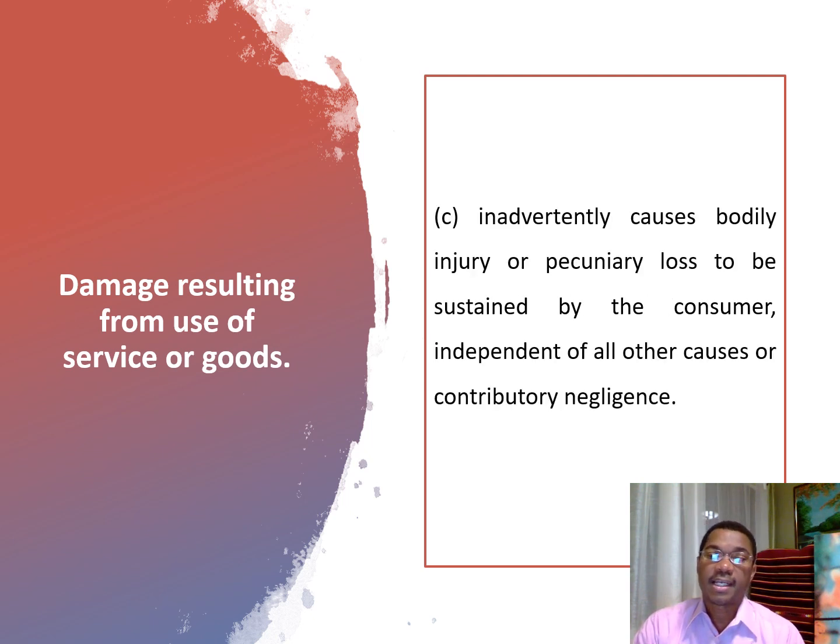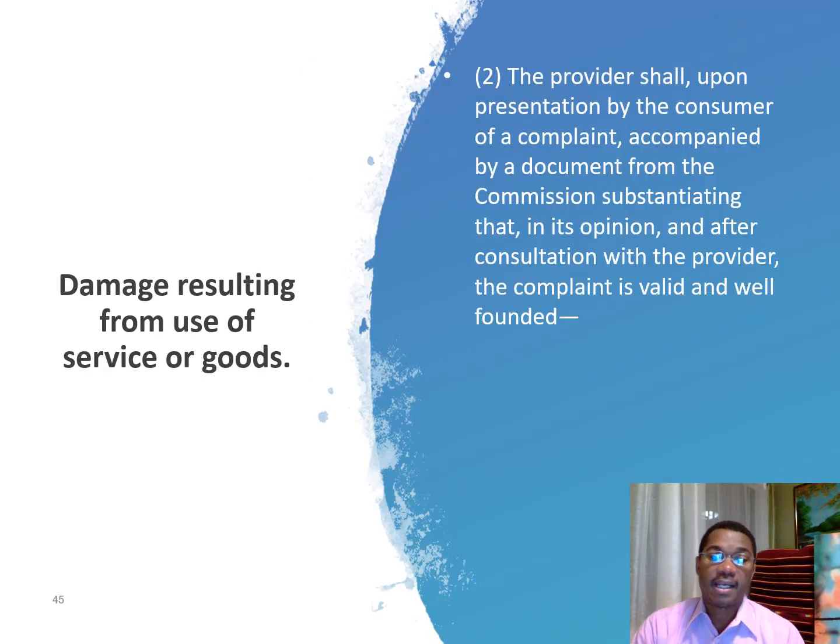And if there's an injury or any pecuniary loss that is sustained by the consumer, as long as that consumer is not contributorily negligent, then the provider is going to be liable. That's essentially what is happening here.